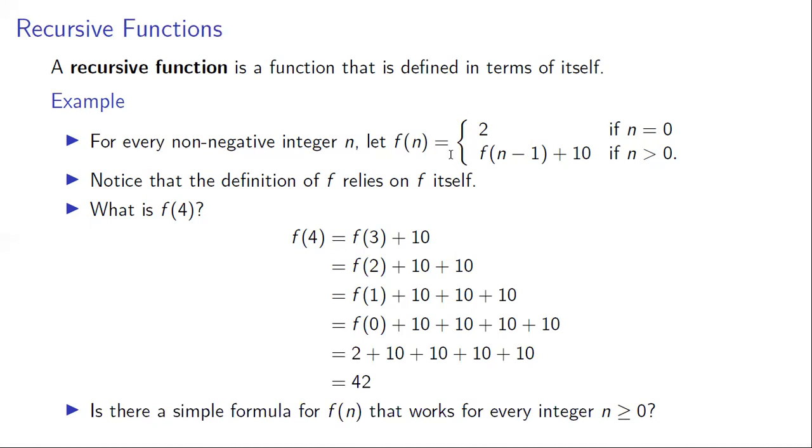Is there a simple formula that doesn't require so many steps for f of n? Instead of using this definition, can I redefine this in a simpler way? That's the question. We're going to see that the answer is yes, and we're going to see how to prove that answer. But before that, let's just do another example of a recursive function.